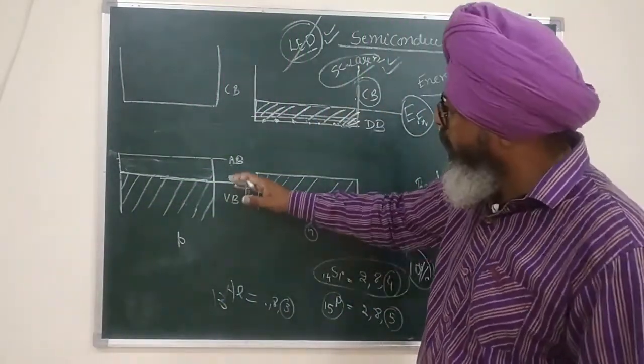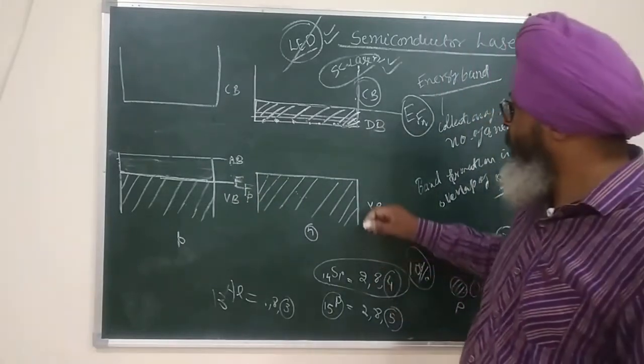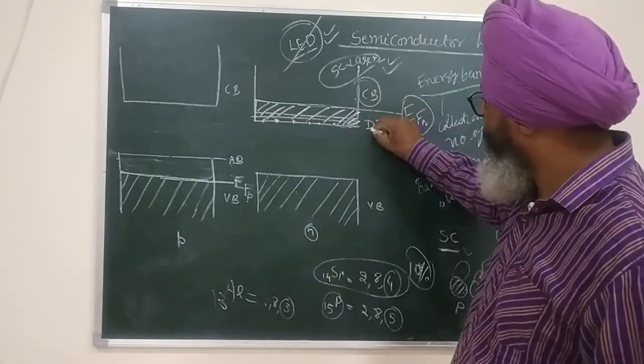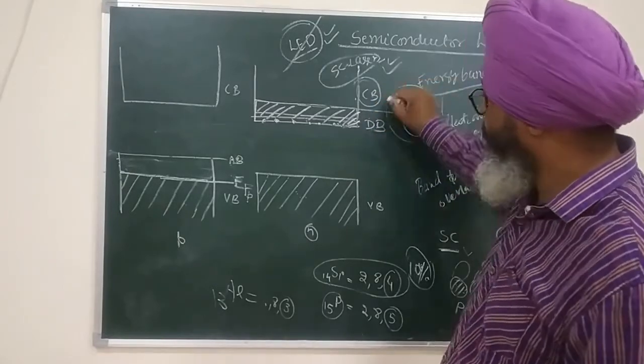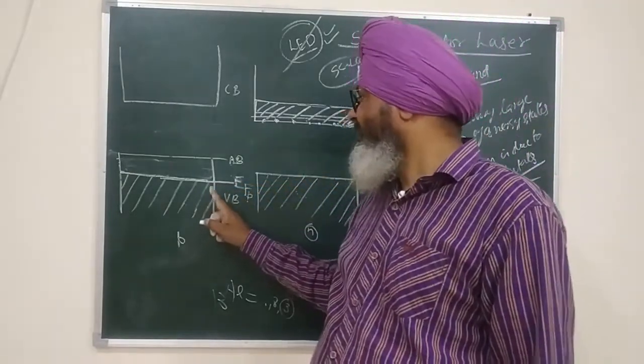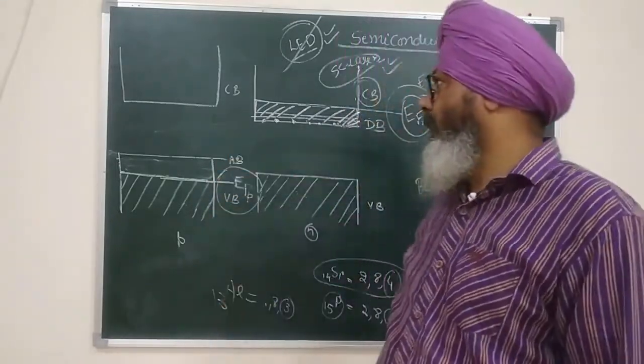Therefore, the Fermi level now shifts into the valence band. So please remember that in a highly doped n-type semiconductor, the Fermi level is in the conduction band, and in a highly doped p-type semiconductor, the Fermi level is in the valence band.